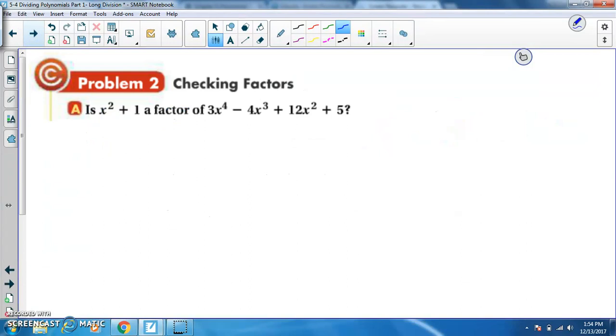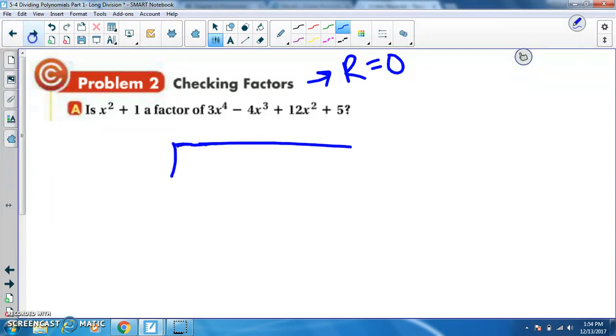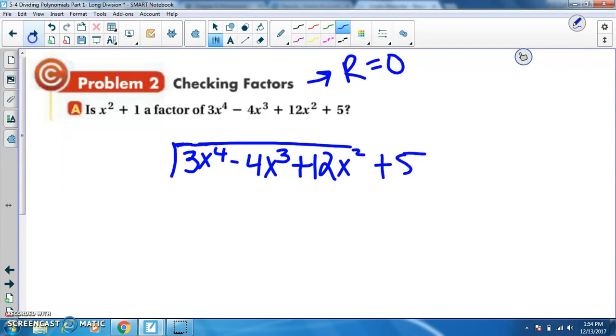In order to check for a factor, we need to see if our remainder is equal to 0. So we're going to write 3x to the 4th minus 4x cubed plus 12x squared plus 5. And here, since I have x squared plus 1, I'm going to write x squared plus 0x plus 1.